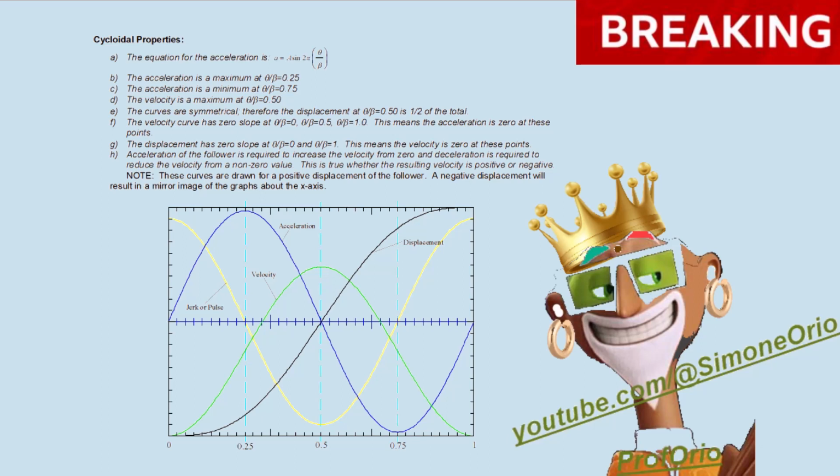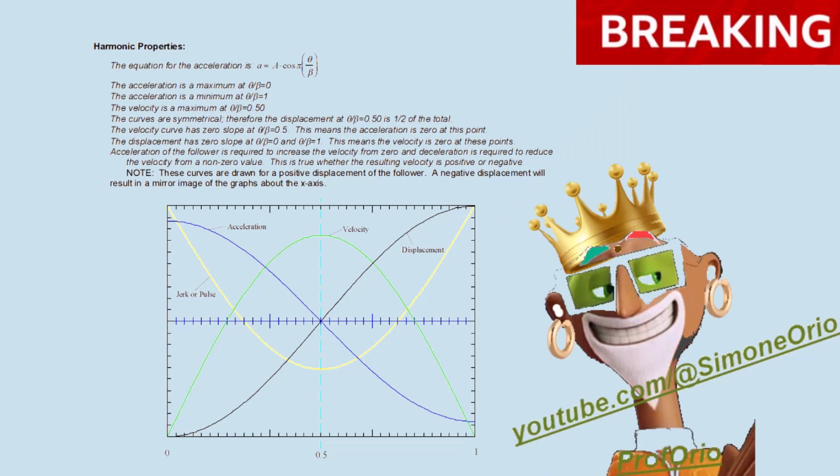This profile is symmetrical about the 50% point. And you can see that the velocity curve has a 0 slope at 0%, 50%, and 100%. Also, the displacement has a 0 slope at 0 and 100%.